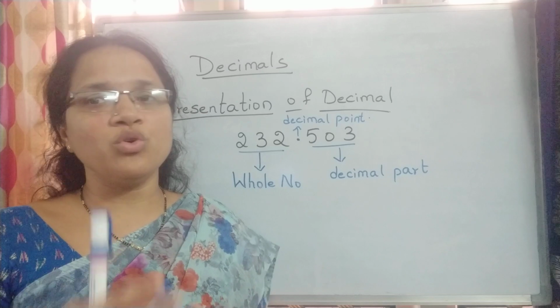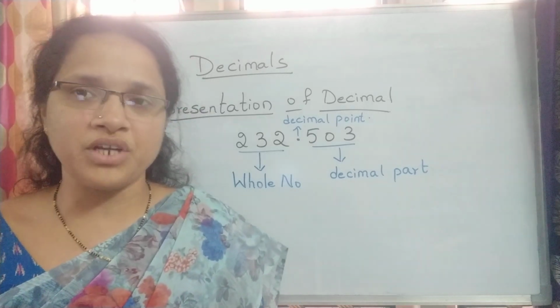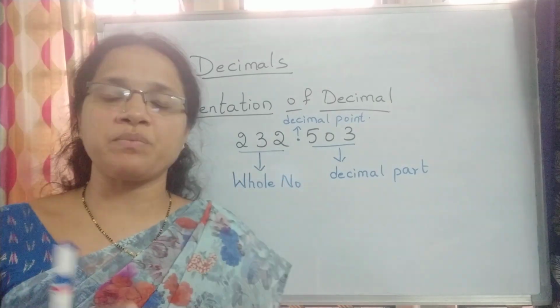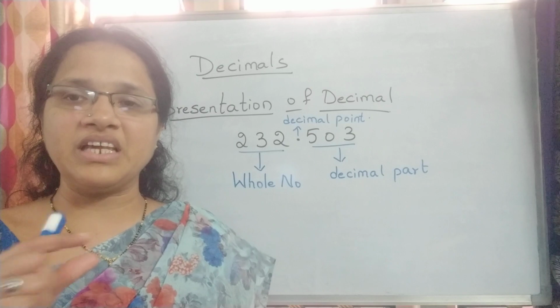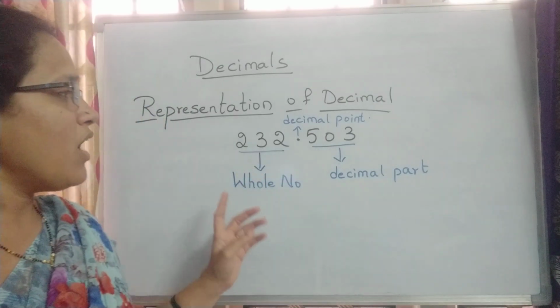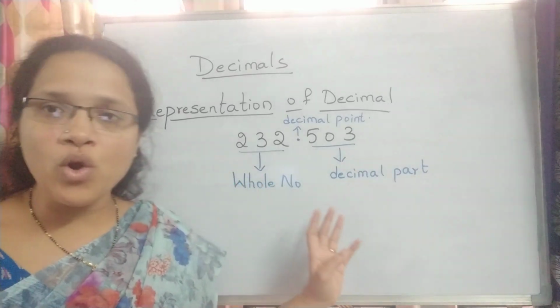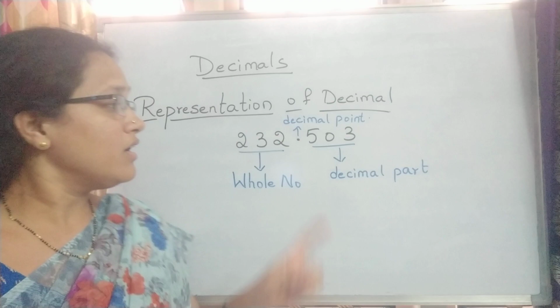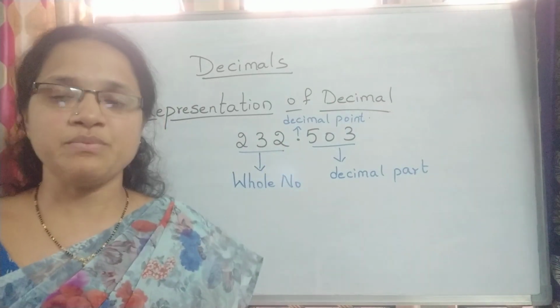If you are learning from 4th or 5th, you cannot go much deeper, but usually even these are a type of representation of fractions. High school children can understand easily that decimals are nothing but the representation of a fraction. As per what we are learning, it is the combination of a whole number and the decimal part separated by a decimal point.